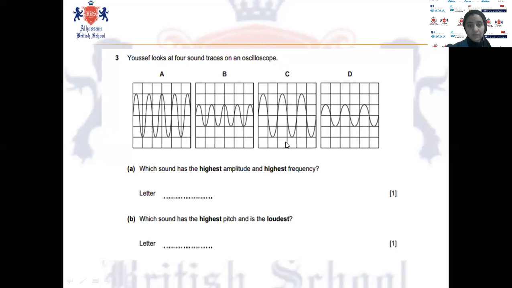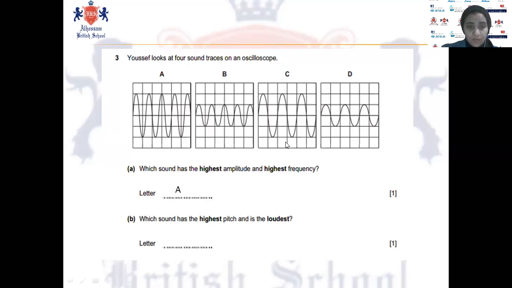Which sound has the highest pitch and is the loudest? C. Okay, think again. Tell me the meaning of frequency first, Muhammad.